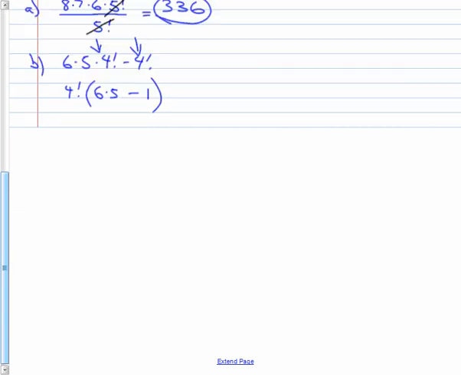Well, what's 6 times 5? 30. 30 minus 1 is 29. So what I really have is 4 factorial times 29. Now, with calculators, generally we would go ahead and just use the factorial button. But you can simplify it this way. What's your answer? 696.